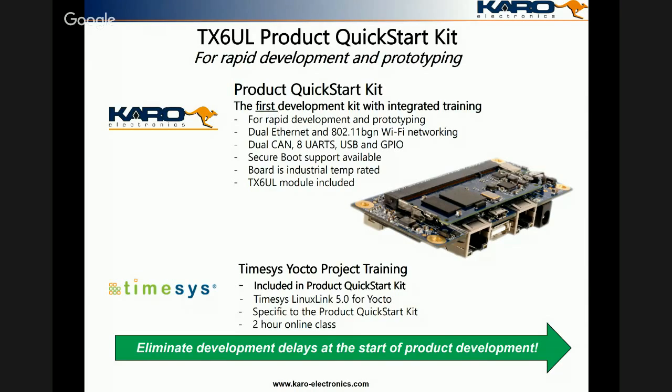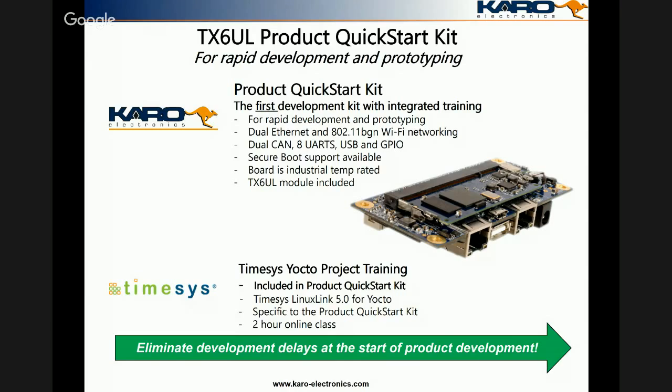So it's a great prototyping package for industrial applications. On that evaluation kit, we've included 802.11 BGN Wi-Fi for some wireless connectivity, and then up to 8 UARTs along with USB and GPIO.